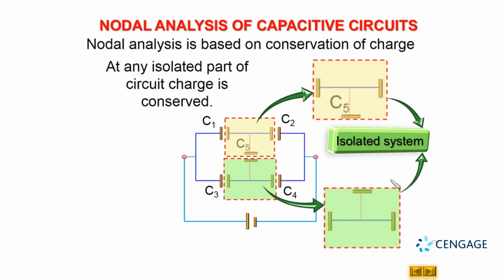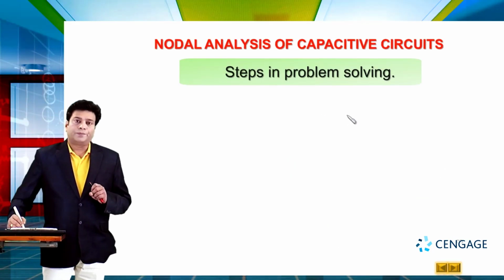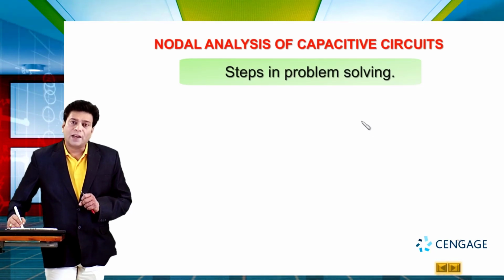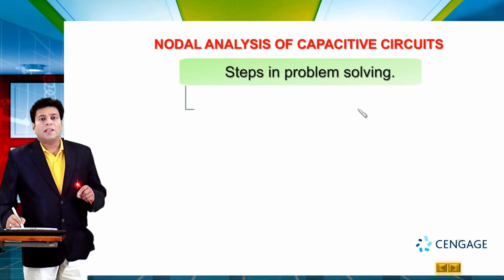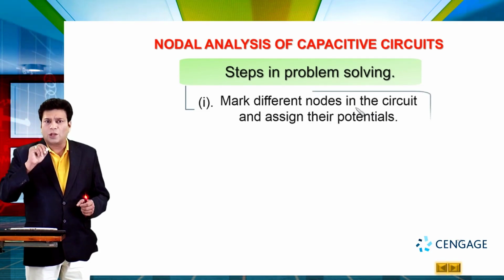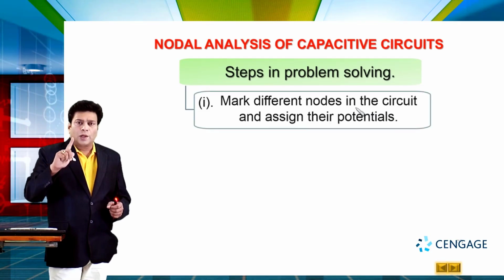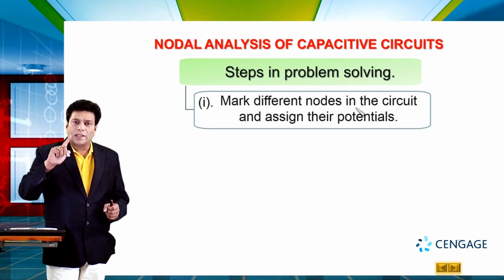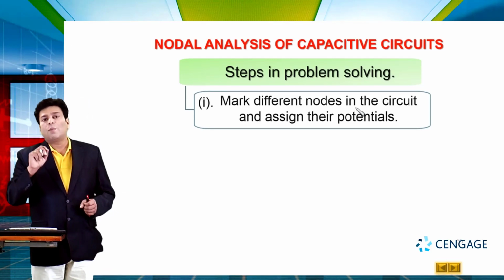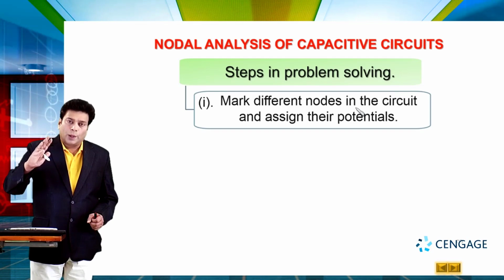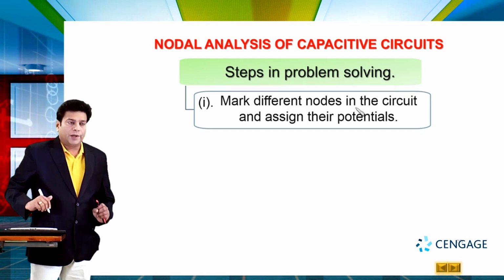Now let us learn the problem solving steps. Step number 1. Mark the different nodes in the circuit and assign their potential. For this purpose, you should start from one node, call this node the reference node, assign the potential of that node equal to 0 volt and write the corresponding potential of other points.